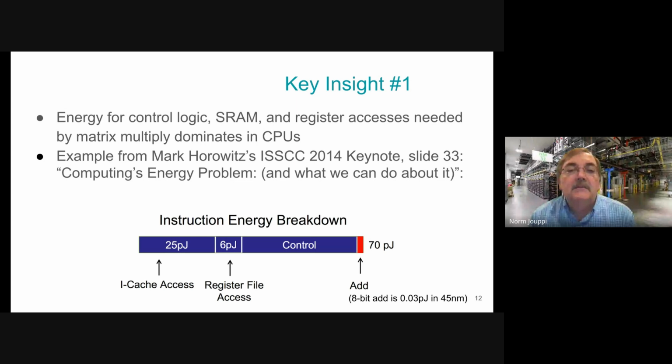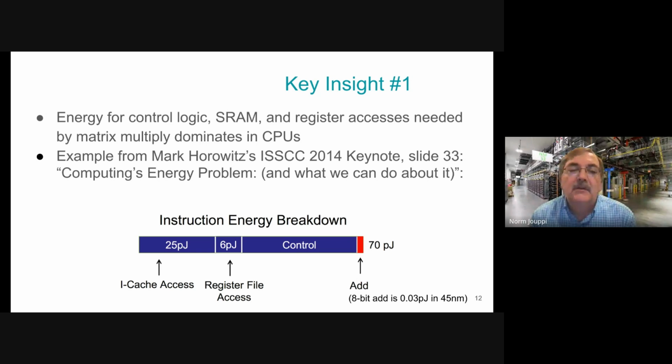And this is a diagram here showing a slide from Mark Horowitz's ISSCC keynote at the top chip conference. And in it, he showed how the energy in a typical processor, say an x86, would be broken down. And you can see that of the entire 70 picojoules, there's only a tiny bit, like 1 picojoule, or sometimes even less, used for the compute.